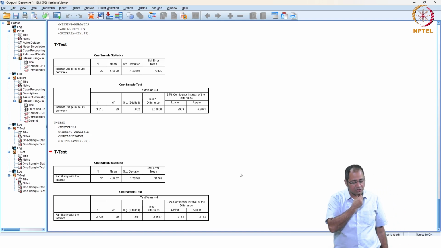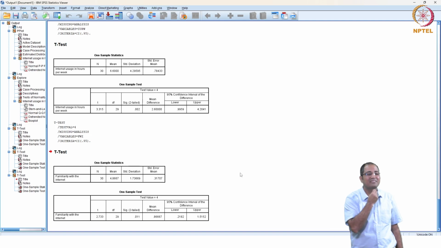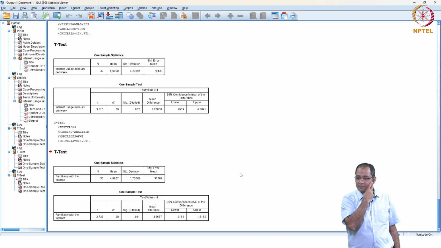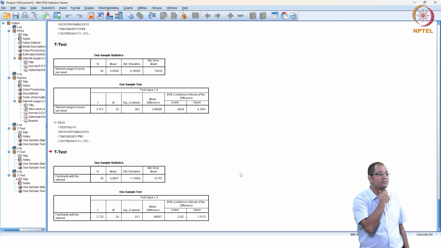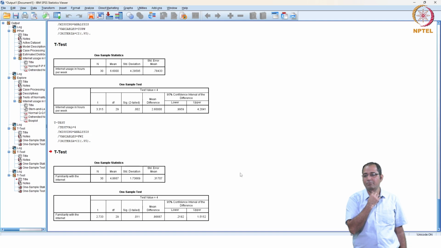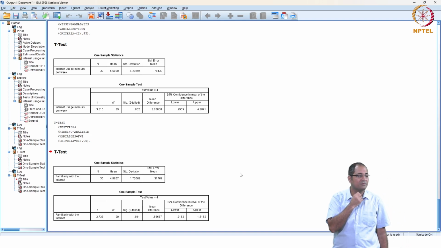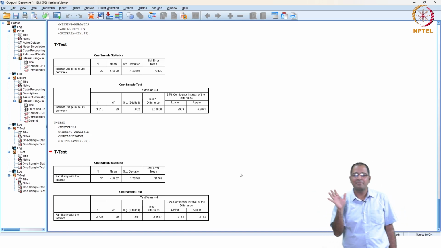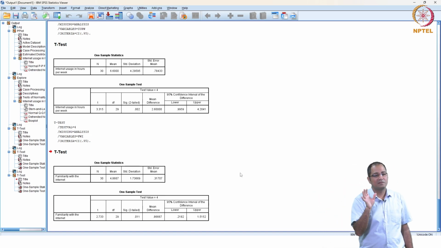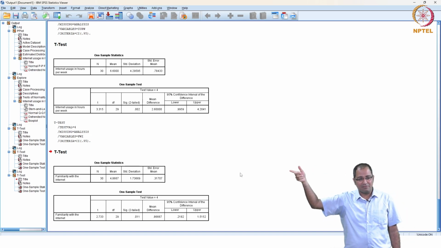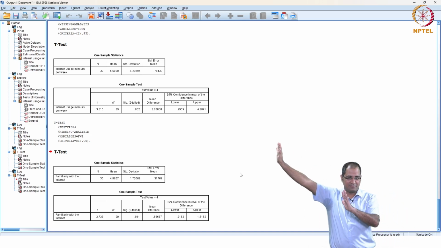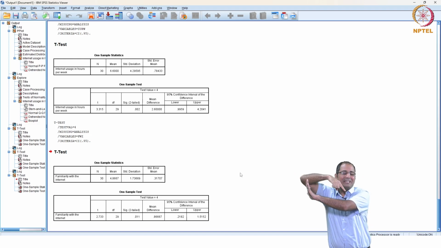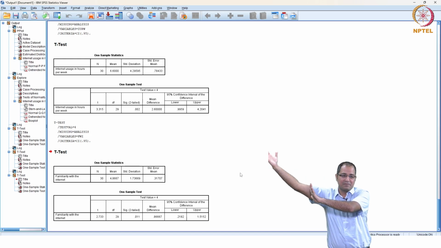If you divide 0.011 by 2, what will it be? 0.005. Then you have to compare it with 0.05, because now you are looking at only one tail, 5% at one tail. Whatever probability value you got from two-tailed, divided by 2, is the p-value for the one-tailed test.